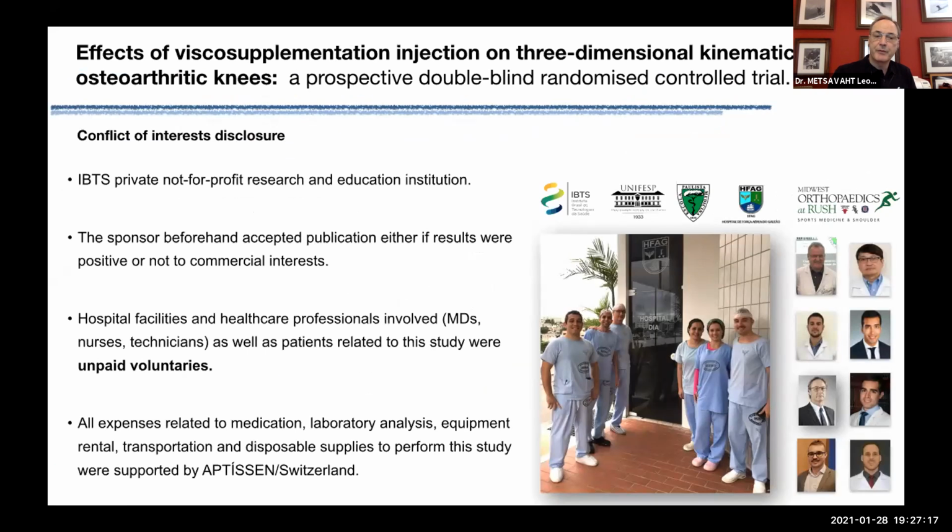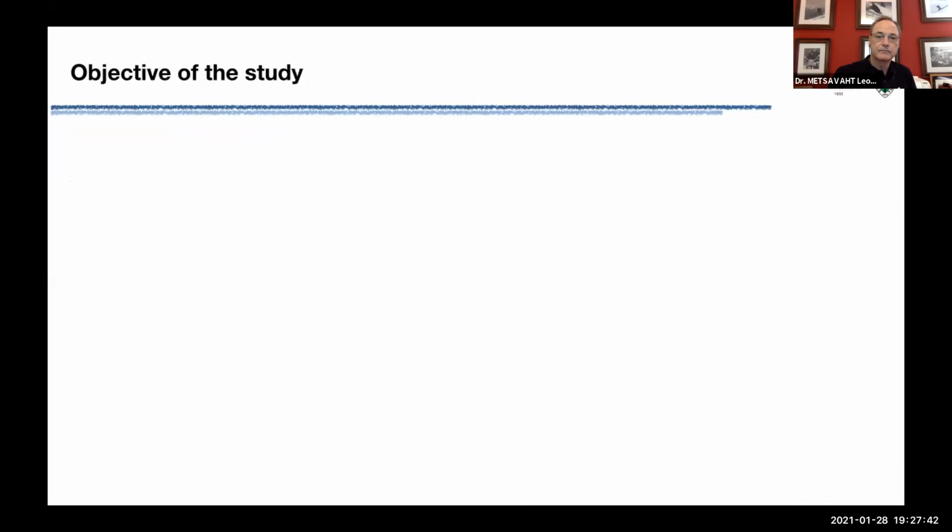The sponsor beforehand accepted publication, even if the results were not positive for their commercial interests. Our hospital facilities and everybody involved in this study were unpaid volunteers, and all expenses related to medication, laboratory analysis, equipment rental, and transportation were provided by Ache, Switzerland.